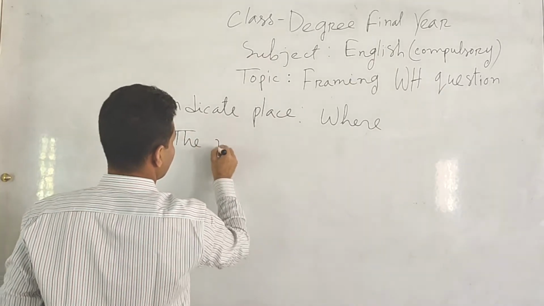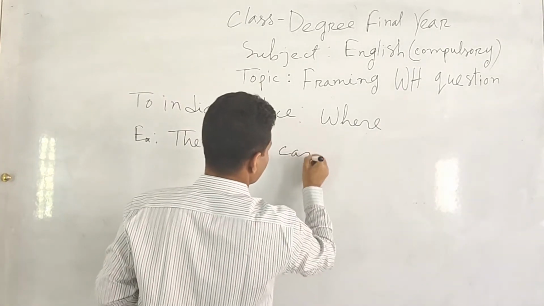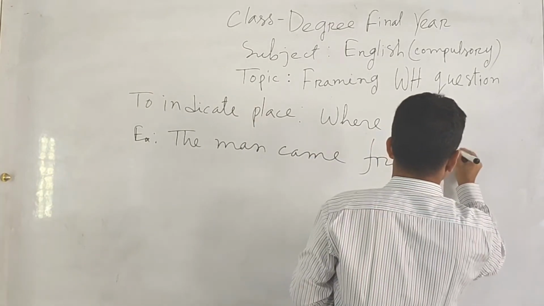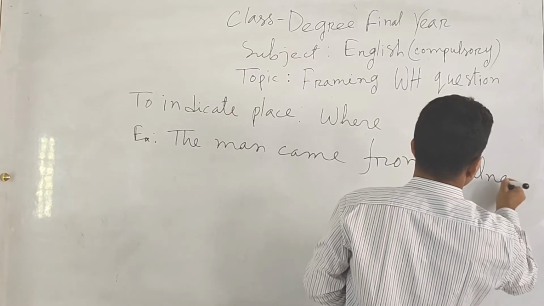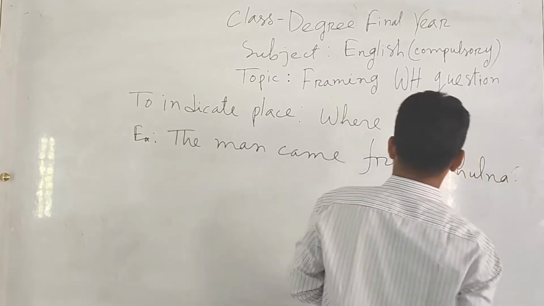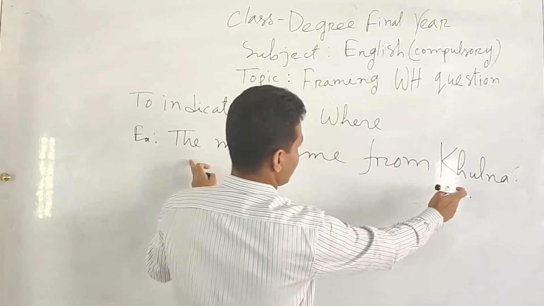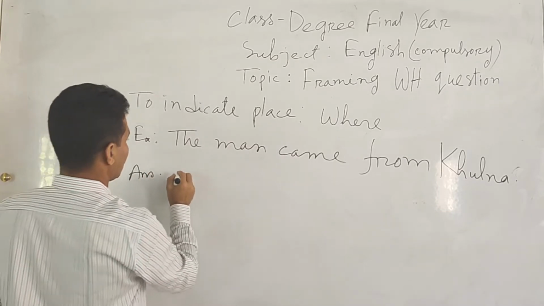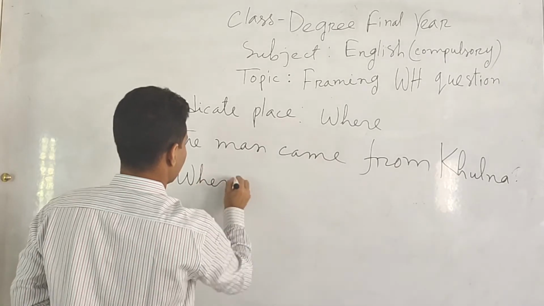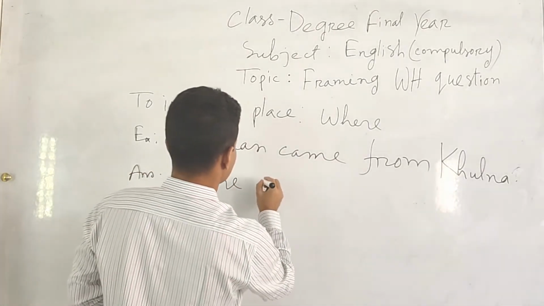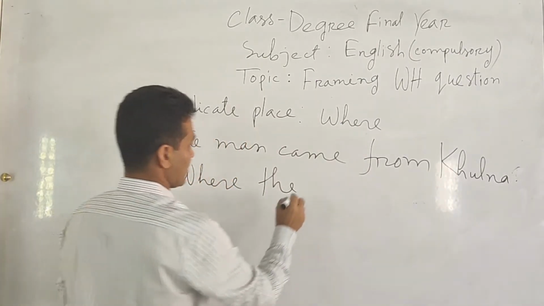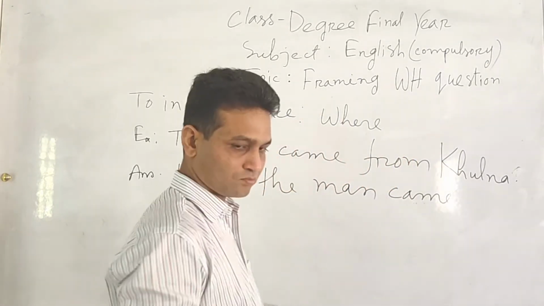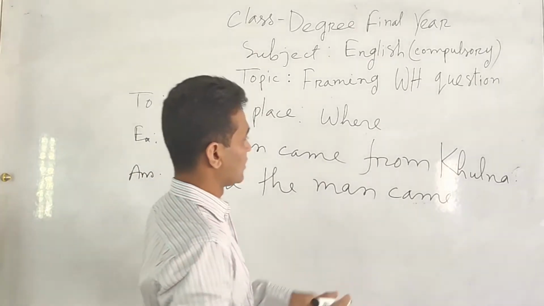Example: the man came from Khulna. If we try to form a WH question from this sentence, we can use where.